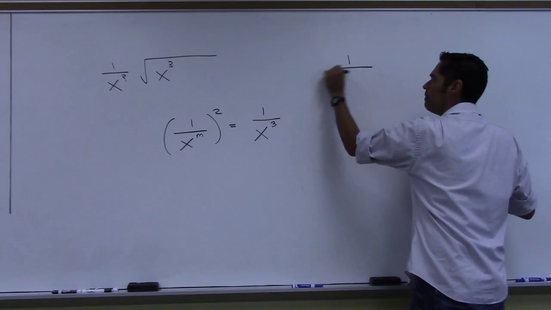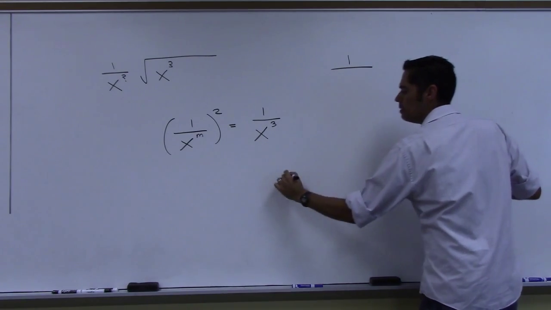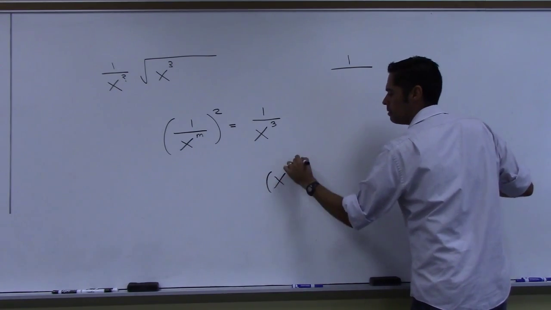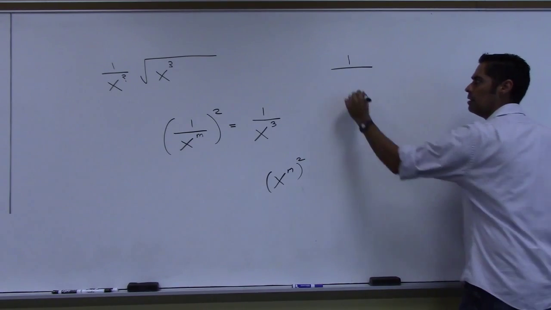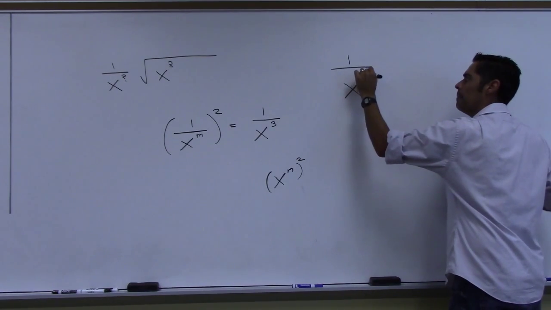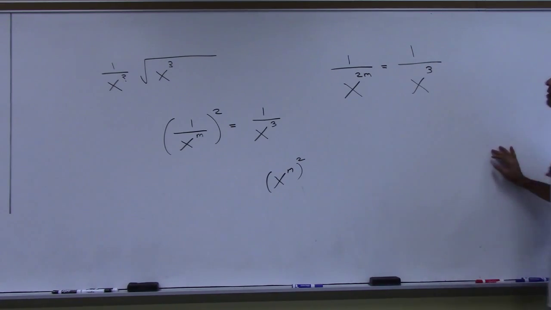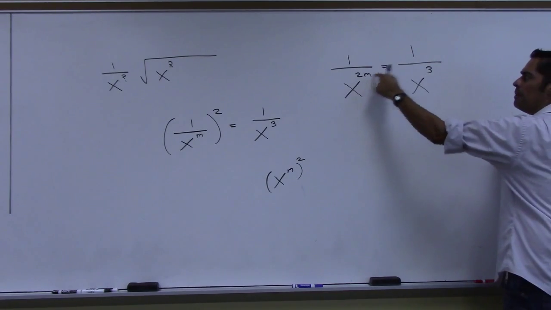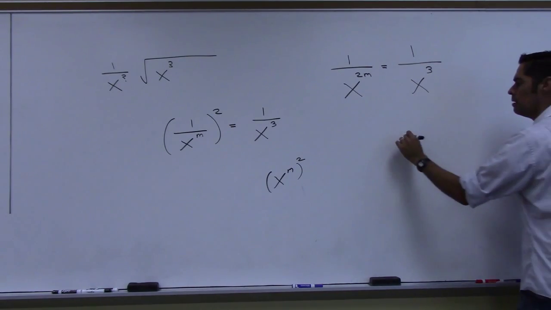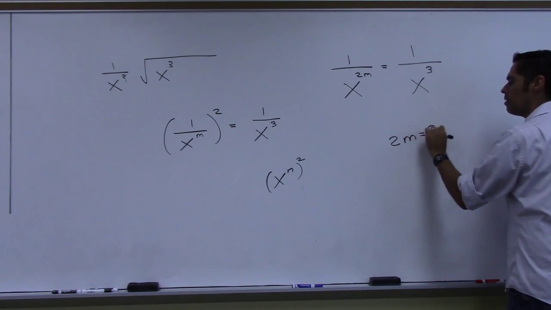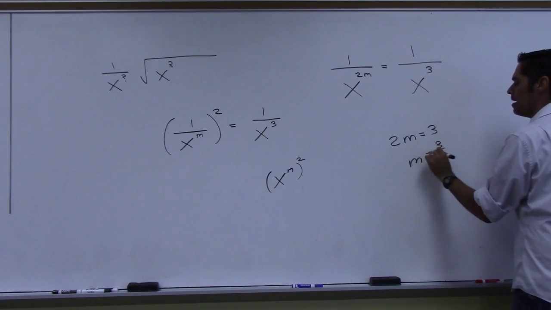1 squared is 1. What's x to the m to the second power? x to the 2m. You need x to the 2m to be equal to x to the 3. What does that mean? 2m has to be equal to 3, right? So 2m has to be equal to 3, so m has to be 3/2.